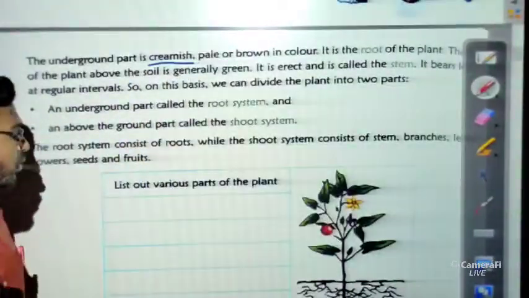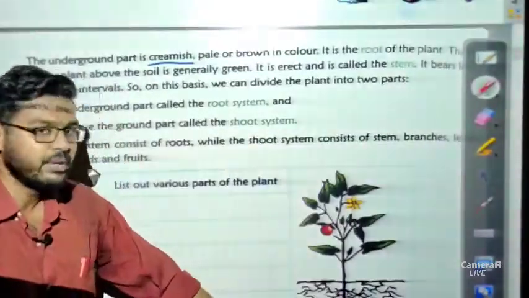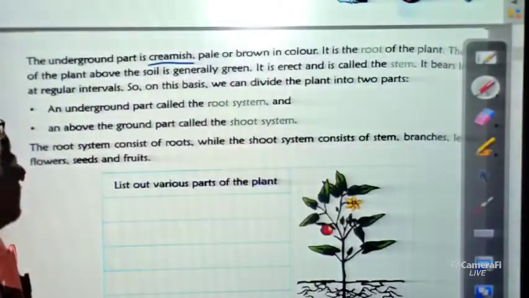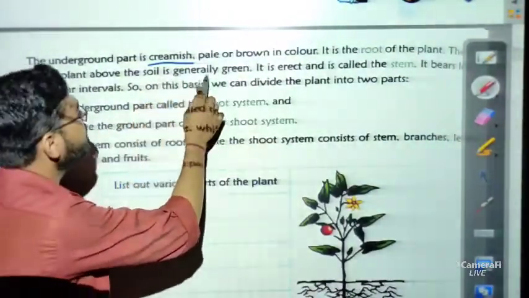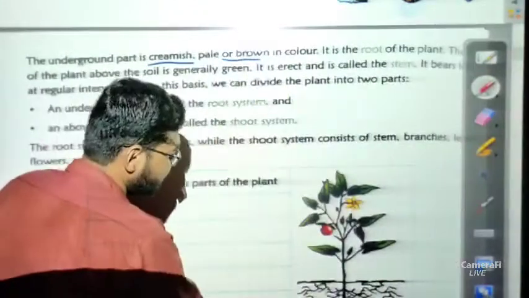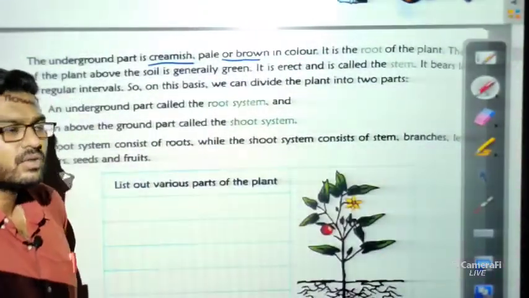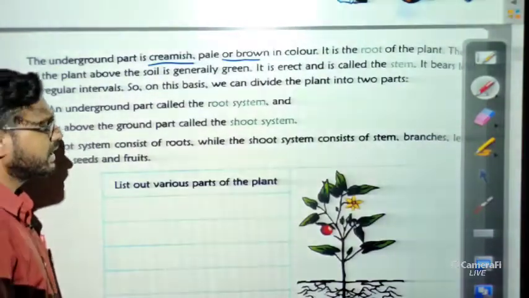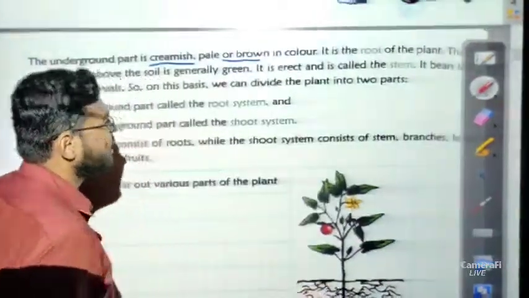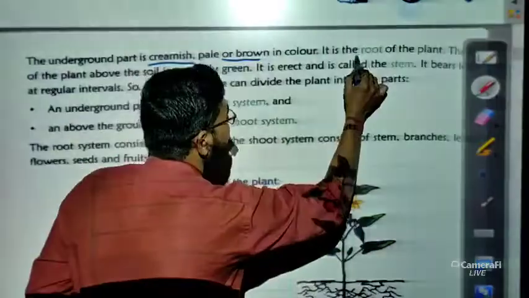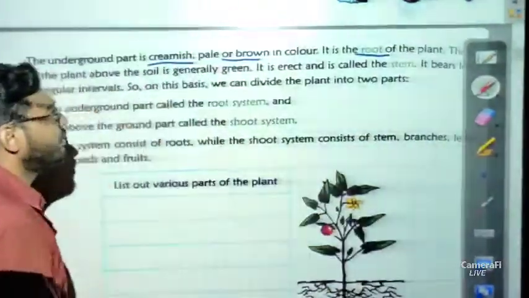Underground part means the part which is below the ground. That part is creamish, pale and brown. You can see the color, or all of you might have seen. The color of the underground part of a plant is basically brown. We call it the root of the plant.